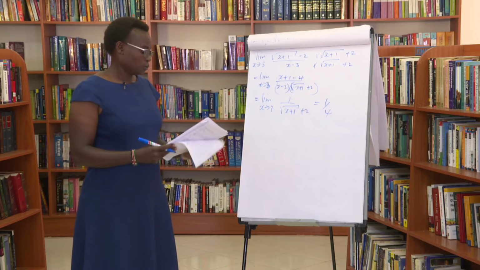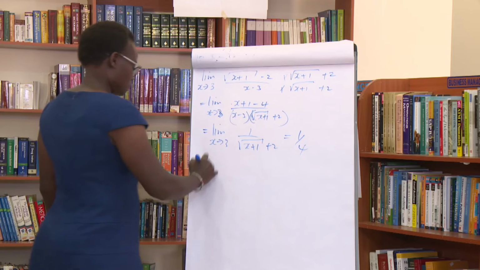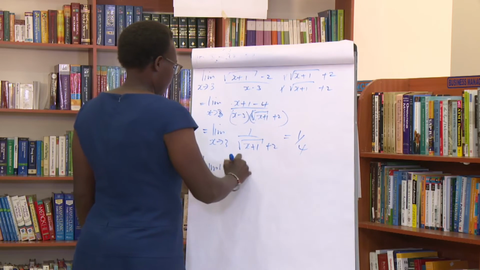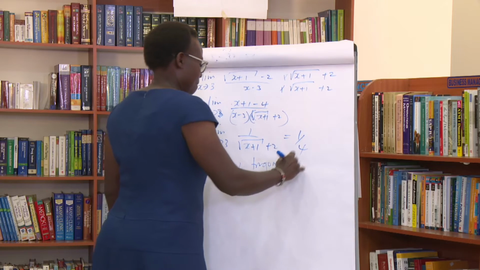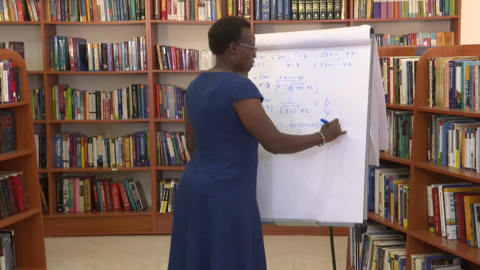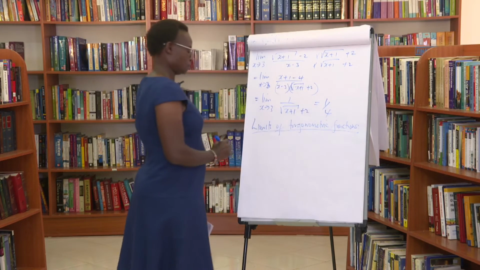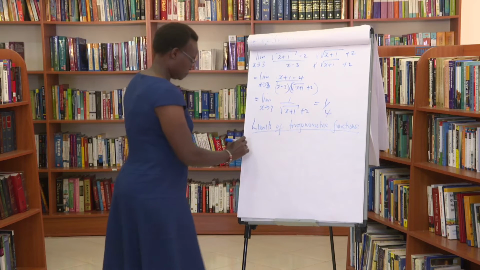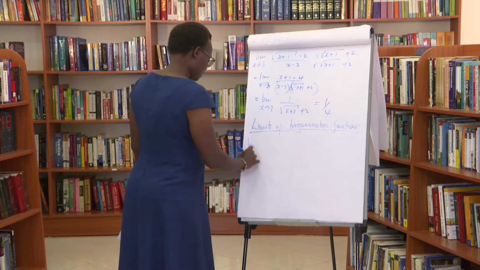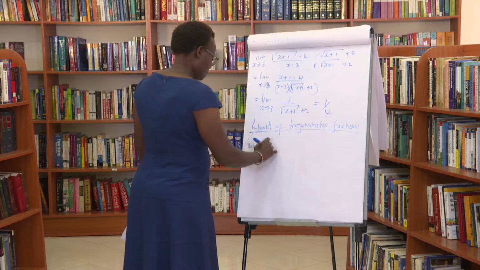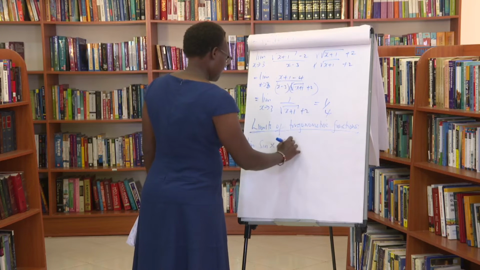So next we go to limits of trigonometric functions. The limit as x tends towards c of sine x is sine c.